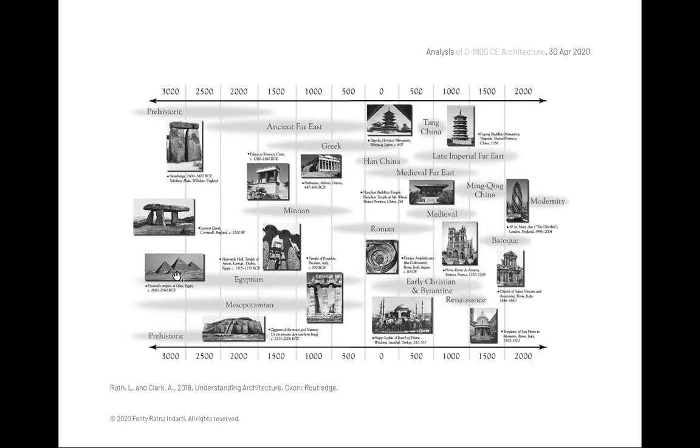It's the prehistoric, the first architecture imprint in our world, and then it develops through ancient Far East, Greek, Minoan, Egyptian, and Mesopotamian, and then it travels around time and changes, and then you studied it from the 0 until 1900s Common Era based on several backgrounds such as Han China dynasty, Tang China dynasty, and then late imperial Far East, as you can see here, until it developed like the modern at the moment.